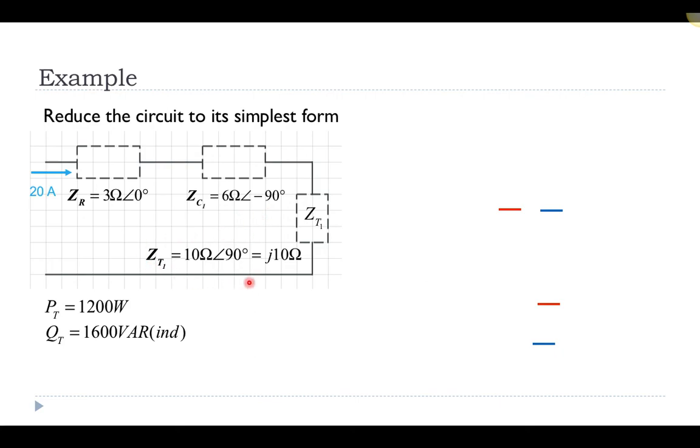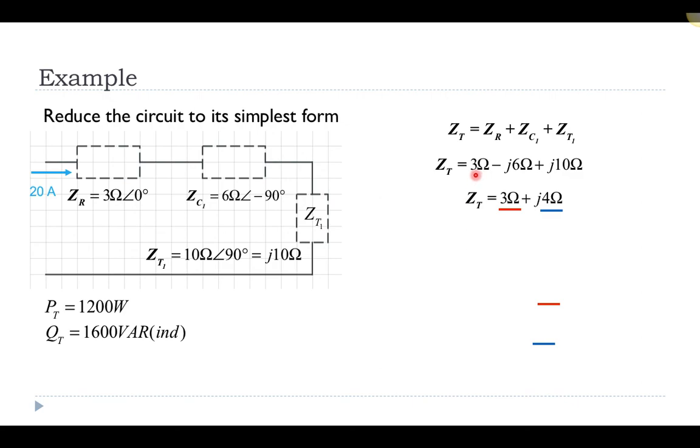Then I can put my total equivalent impedance for those two components together. Because they are all in series, I can add them all together, so I can calculate the total impedance in the circuit. I have my resistive piece, my capacitive piece, and then my total equivalent of those two components together, which ends up being just inductive impedance.